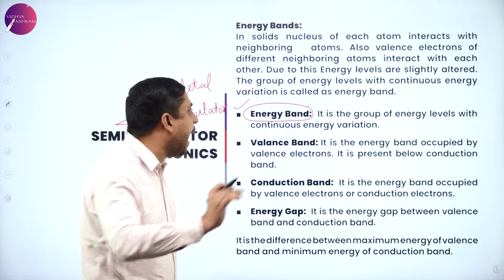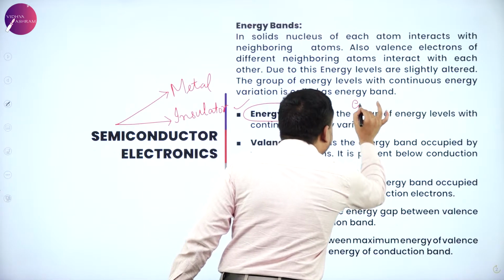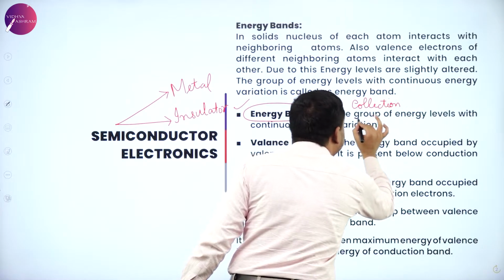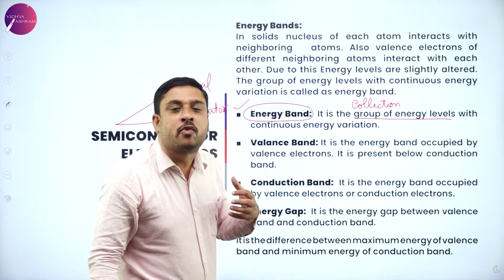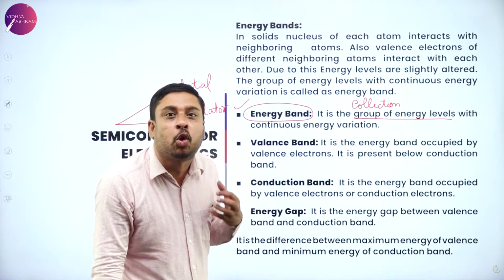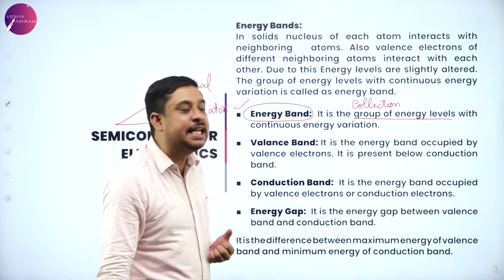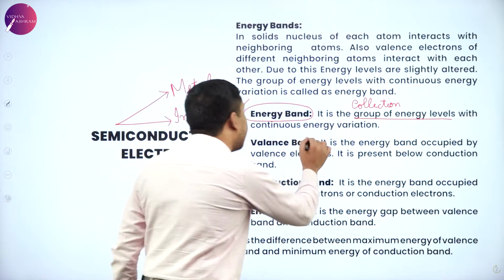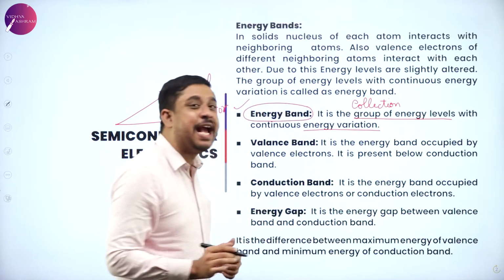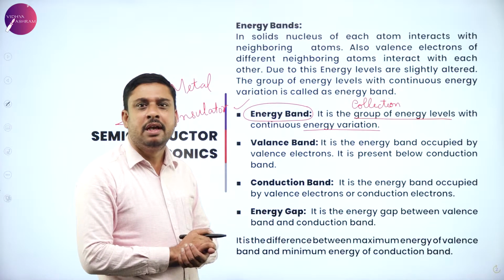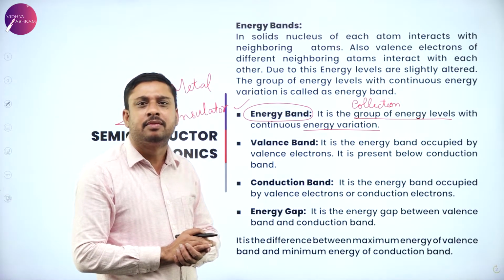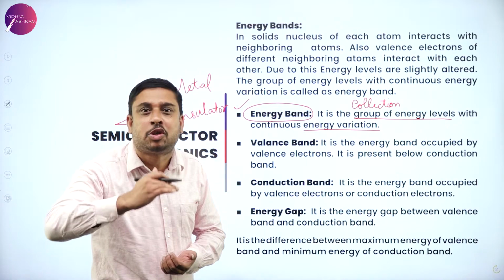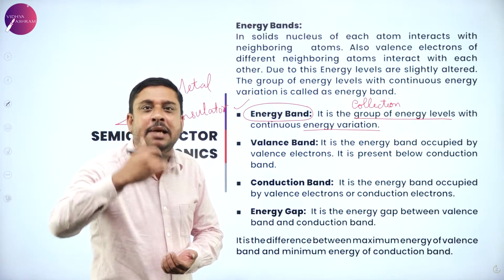Now, energy band is a collection of energy levels, what we also call group of energy levels, where there is continuous variation of energy. In a semiconductor, when I refer to a charge carrier, I'll come to these terms very deep next.